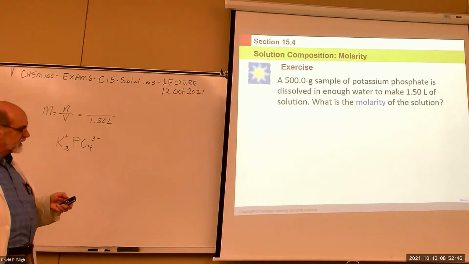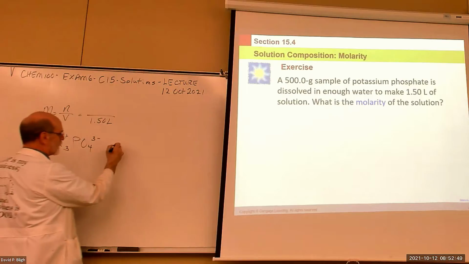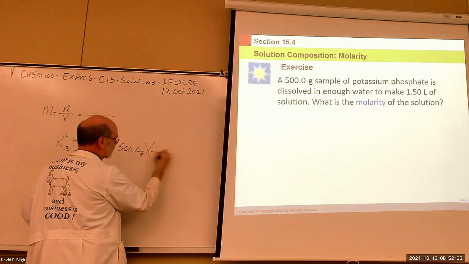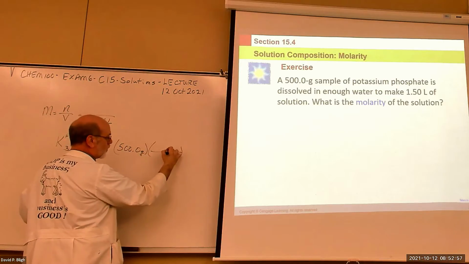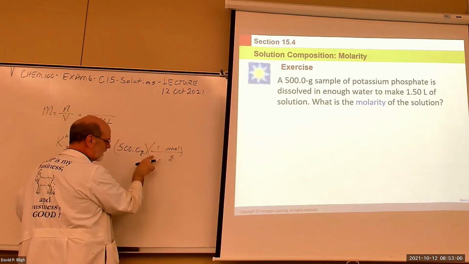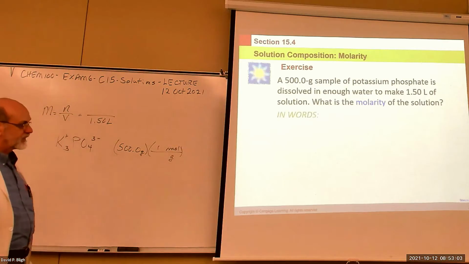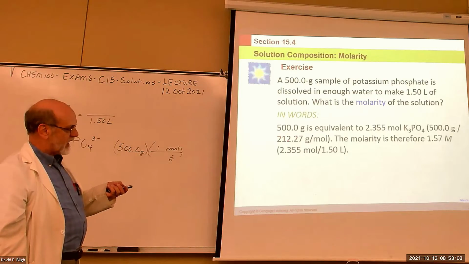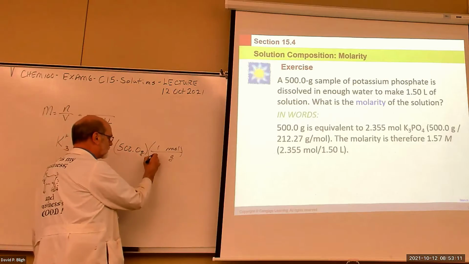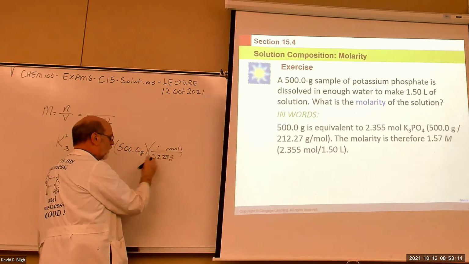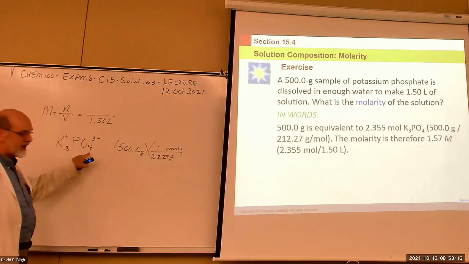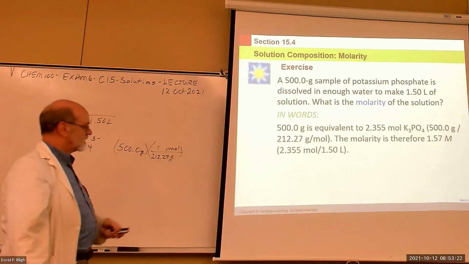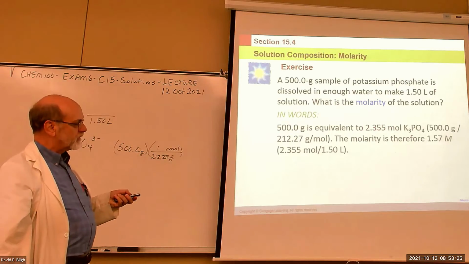Add those together. And then how do we deal with 500 grams of that product? We need the conversion factor that's derived from the molar mass. Right? We need this value right here. Okay? And here's the molar mass, 212.27 grams per mole for that formula unit. And then we convert this into 2.355 moles.